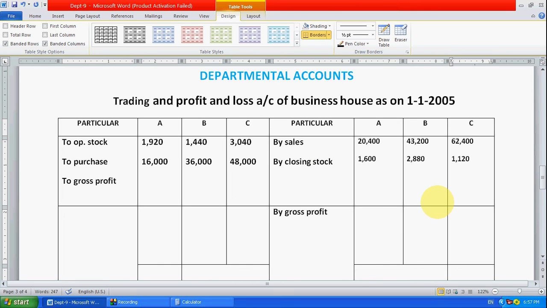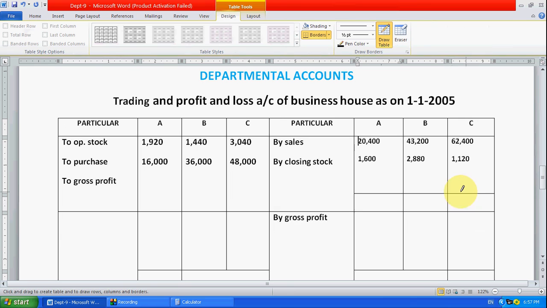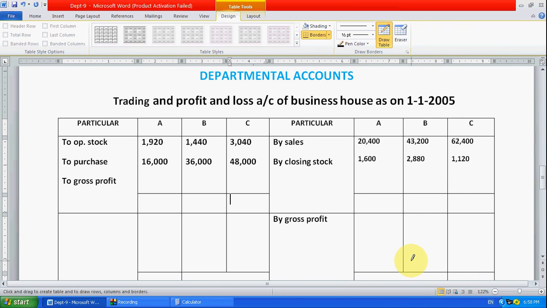So what we have to do is, first we have to calculate. We have transferred all the entries. To add this: 21,000, 22,000.